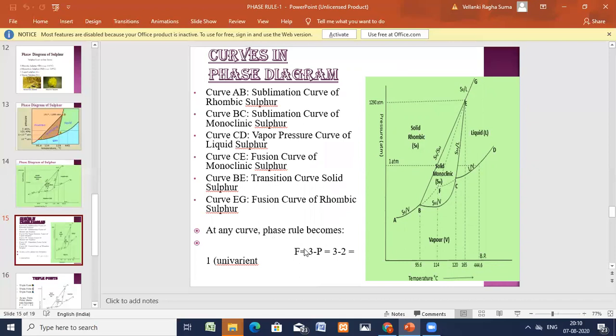So F is equal to 1 plus 2 minus P. C is 1, so 1 plus 2 is 3, 3 minus P. Phases you are having 2. I have discussed this now.